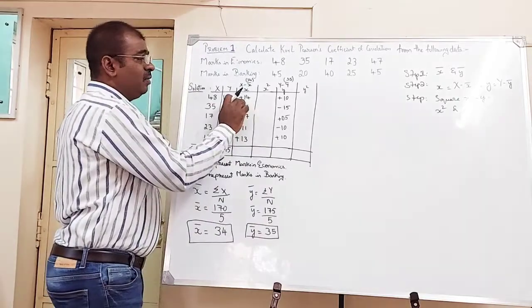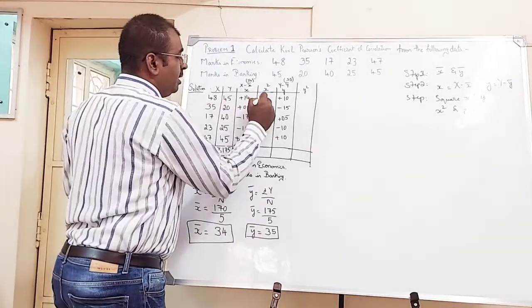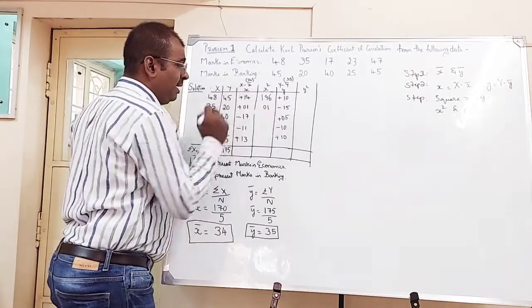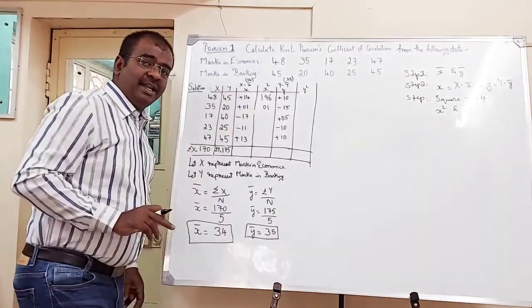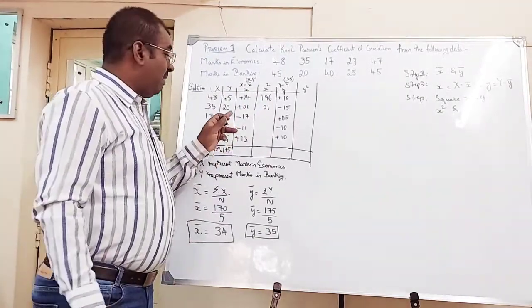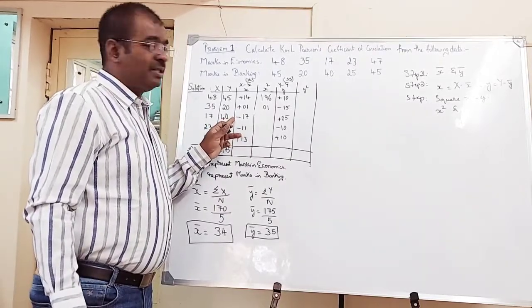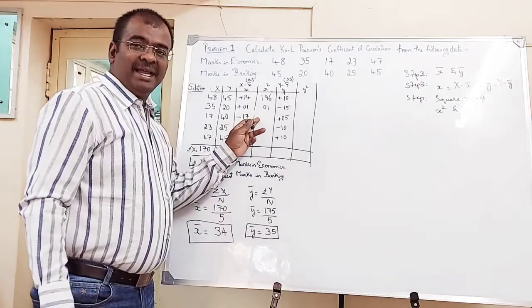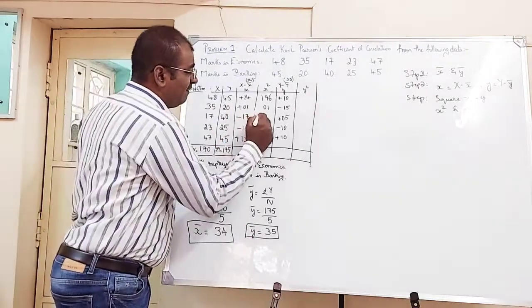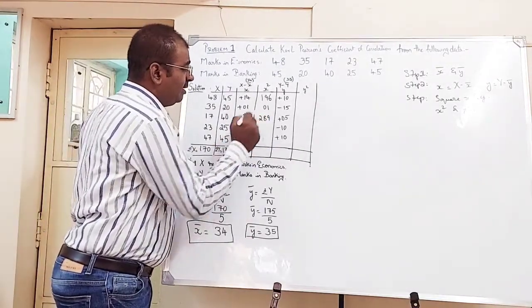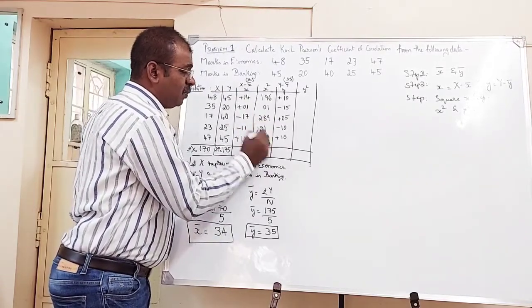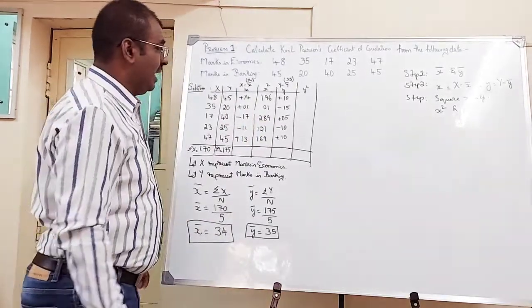So x square: 14 into 14 is 196. 1 into 1 is 1. 17 into 17, please note, minus into minus becomes plus. Therefore, when you square the values, you will not get any minus values. So 17 into 17 is 289. 11 squared is 121 and 13 squared is 169.